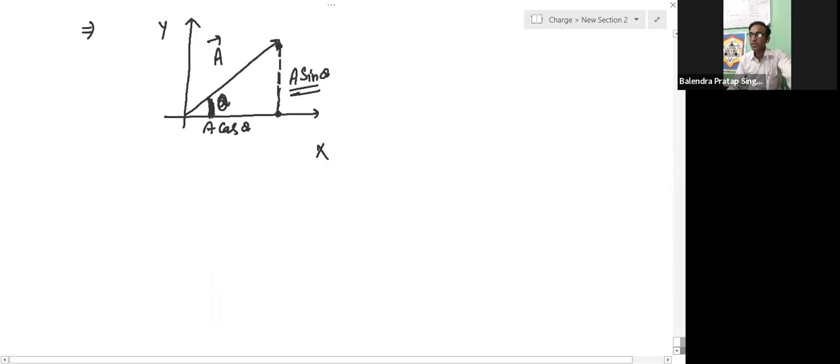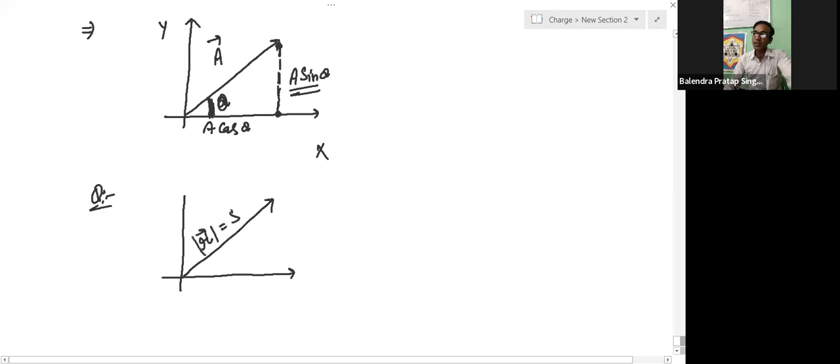Suppose I'm choosing a vector R, which has a magnitude of 5 units, and it's making an angle of 60 degrees from its horizontal, x and y. Find the horizontal and vertical components.